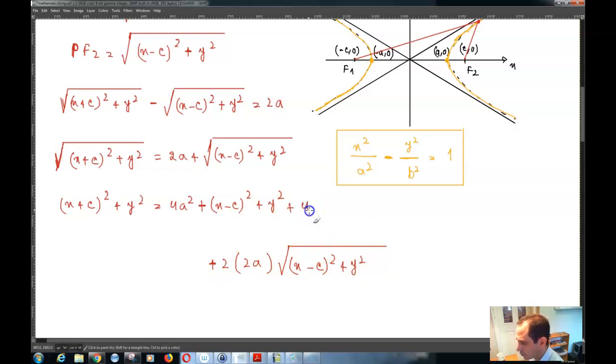So that is plus 4A times the square root of X minus C whole squared plus Y squared, and that is that.